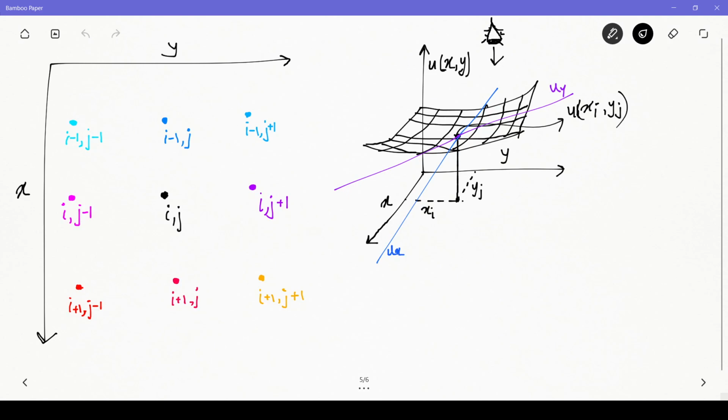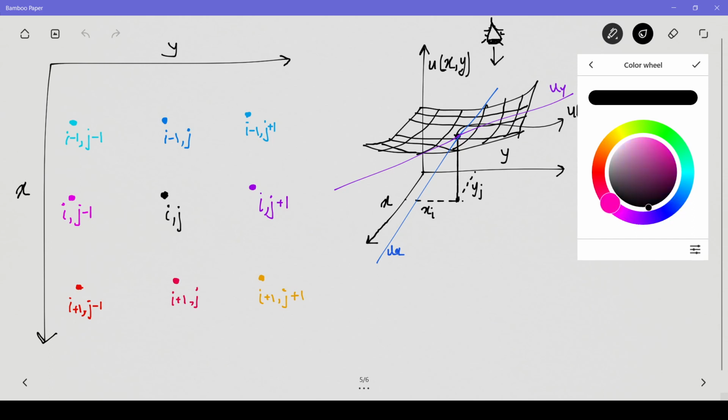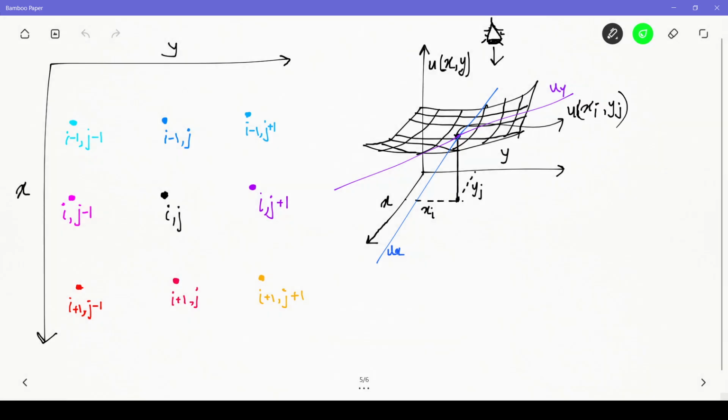So when we try to find the partial derivative, let's use a different color, let's use a green color. Okay, so when we find ux, we use u sub i plus 1 and u sub i minus 1, and the j remains the same, right?